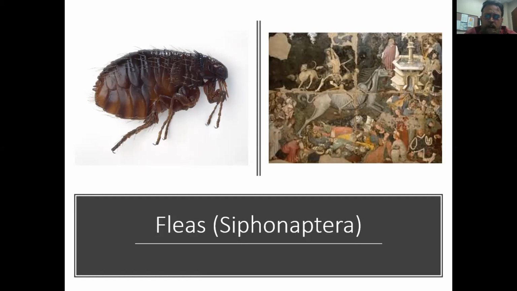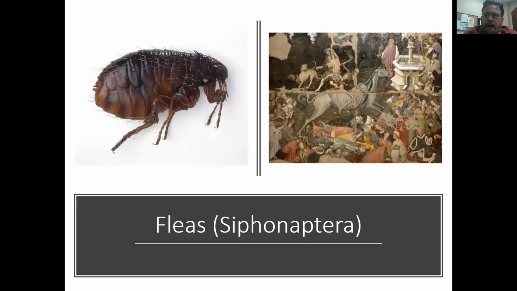Of course, fleas are implicated as the vector of a bacterium called Yersinia pestis, which is likely to have been, though there's some disputing of that, the cause of the Black Plague in Europe.